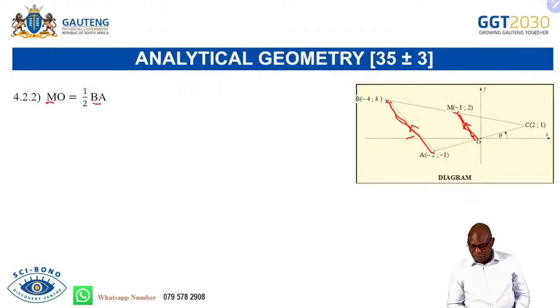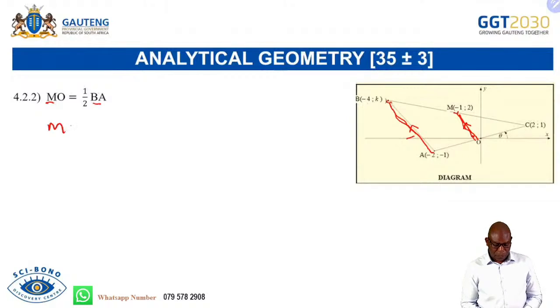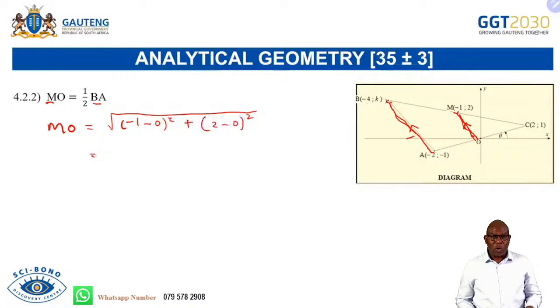So first I must calculate the length of MO, the distance, which is going to be negative 1 minus 0 squared plus 2 minus 0 squared. Go to your calculator and just put everything on a calculator. Then the length of that will be square root of 5. Don't write it in decimal, just leave it like that in surd form.